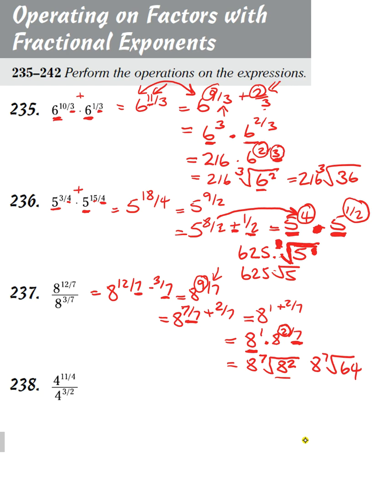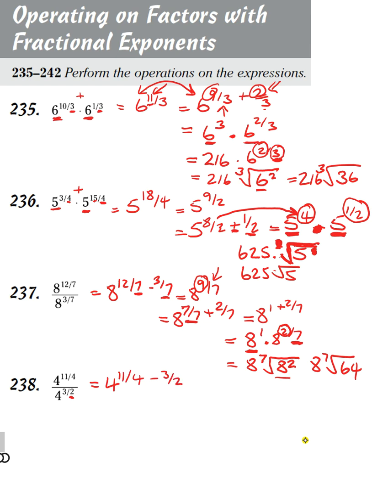Right, we've got our last one here. Bases are the same, so we subtract. And here we don't have the same denominator, but you can see that 2 and 4, it's going to be pretty easy to get these the same. So we have, that's going to equal 4, and it's going to be 11/4 minus 3/2, right?